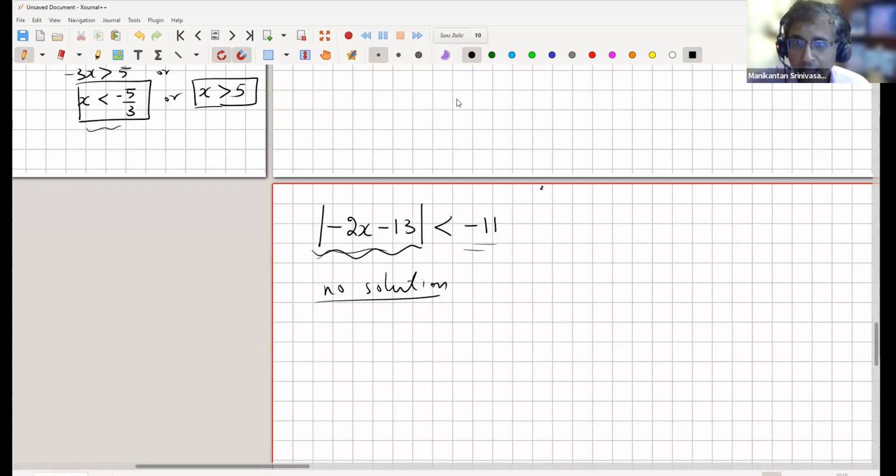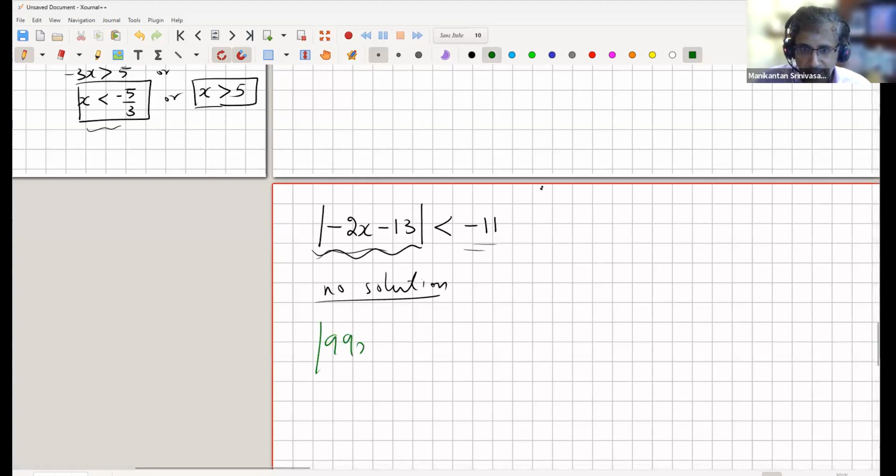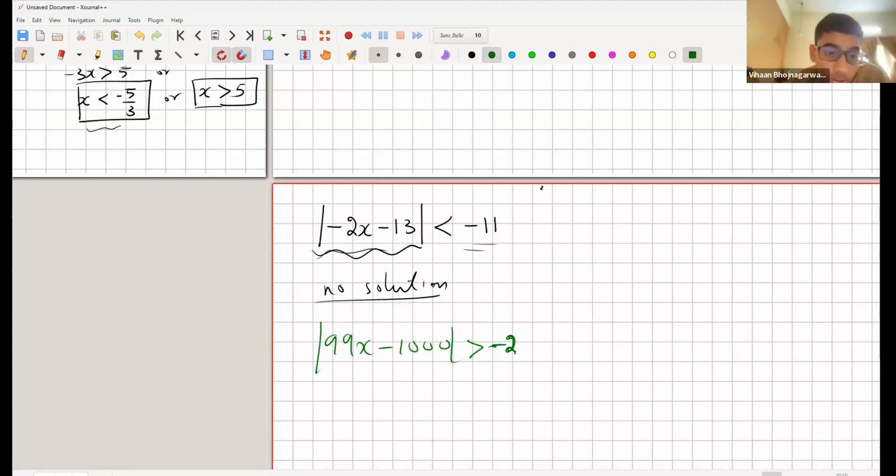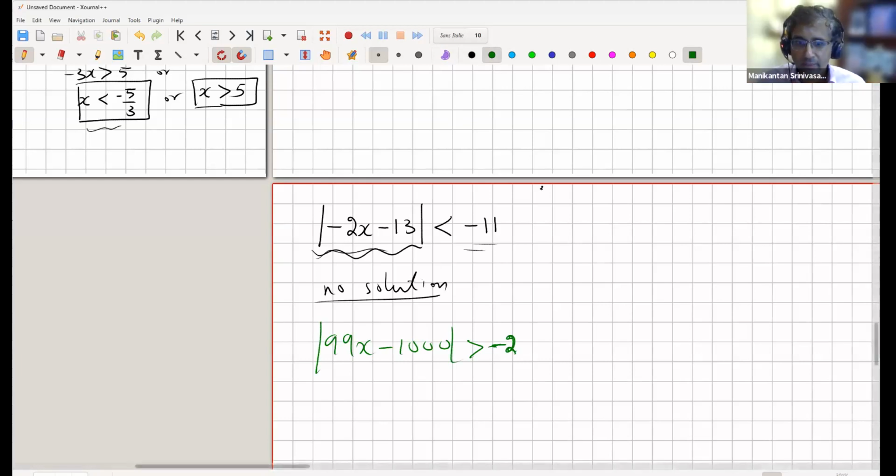So no solution. Likewise, if there's another problem like this, like the absolute value of 99x minus 1000 is greater than minus 2. Okay, Vihan, what will the solution for this be? All solutions, all x will satisfy this because the left-hand side is guaranteed to be 0 or more, no matter what x is, because I'm putting absolute value.